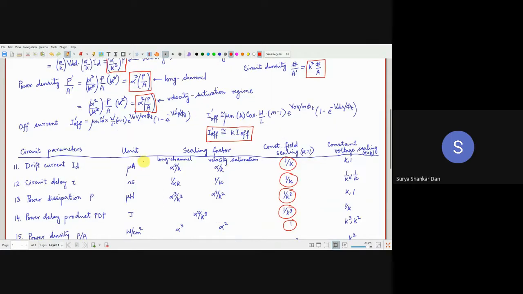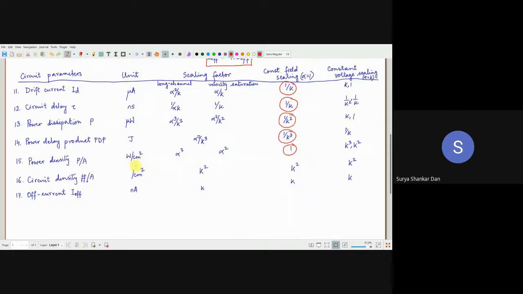So in the case of power density, what we understand is the scaling factor becomes alpha cubed for long channel, and for velocity saturation, it is only alpha square. Now, if we are dealing with constant field scaling, again, see the advantage. Alpha is equal to 1. So if you're scaling the technology in such a manner that the fields remain the same, we can ensure that the power density remains unchanged with scaling.